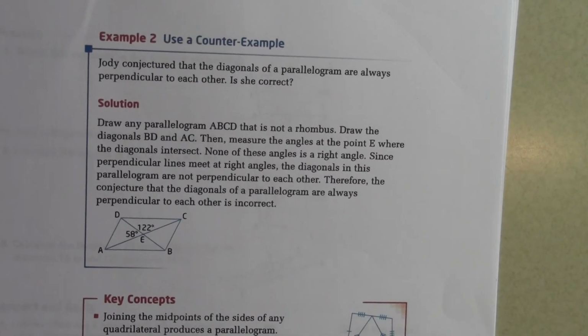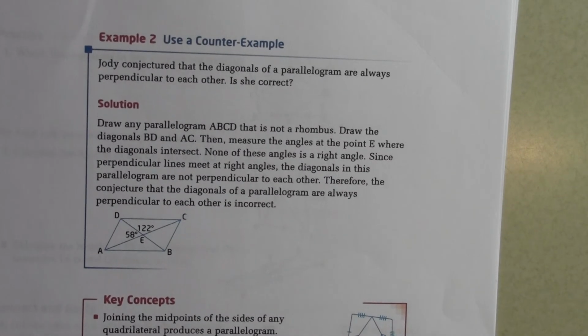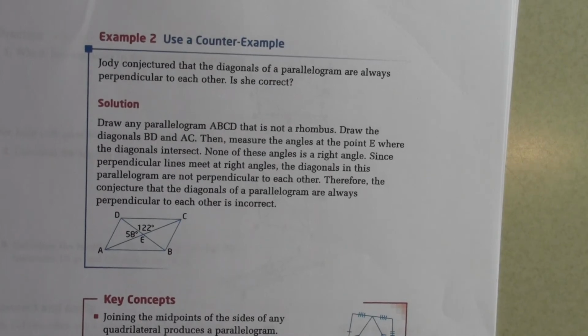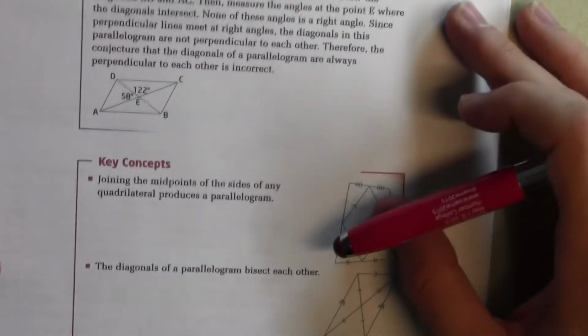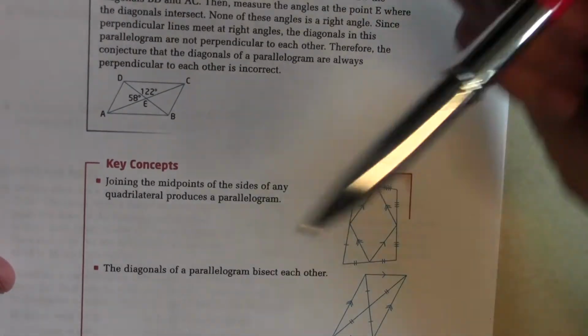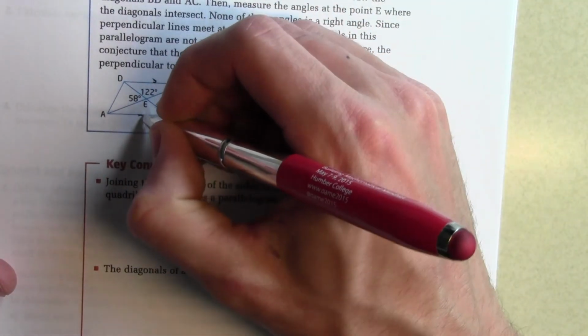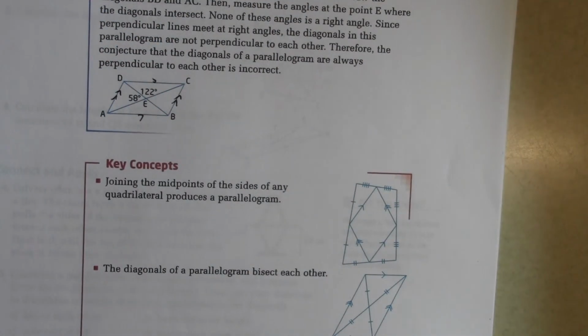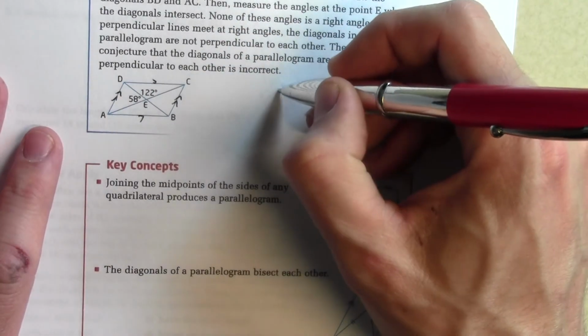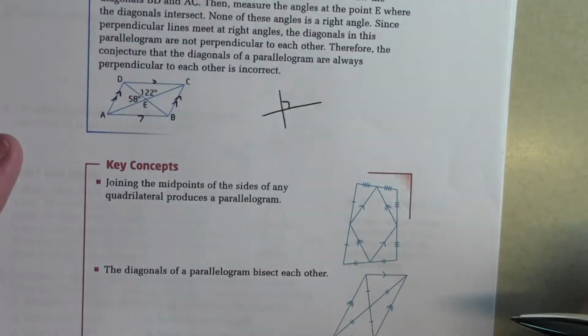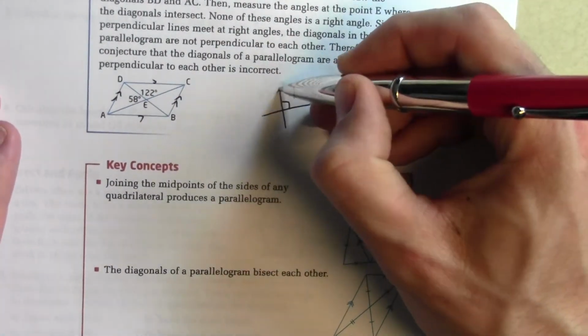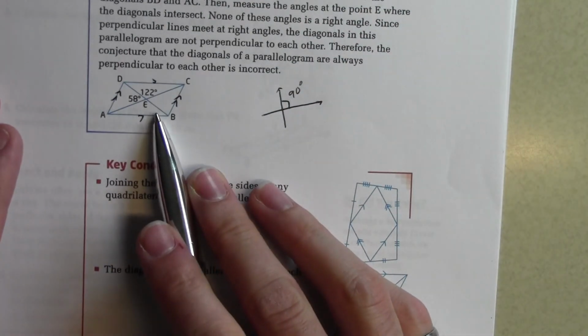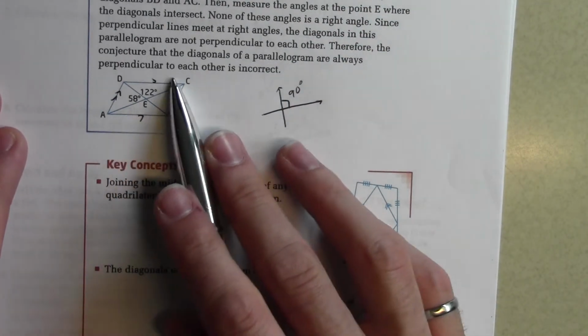Example 2. Cody conjectured that the diagonals of a parallelogram are always perpendicular to each other. Is she correct? So here's our parallelogram. If we were to take those diagonals, they are not at a right angle. So they are not always perpendicular. Remember, if something's perpendicular, it needs to be 90 degrees.